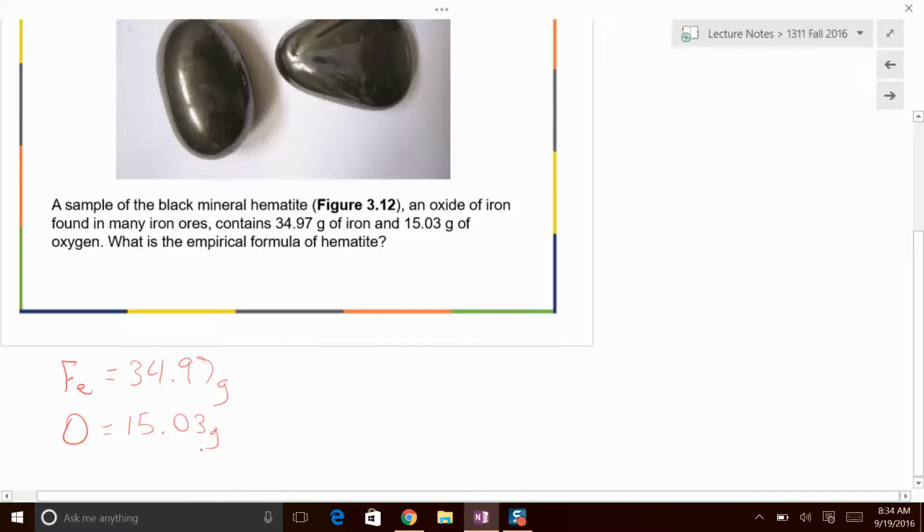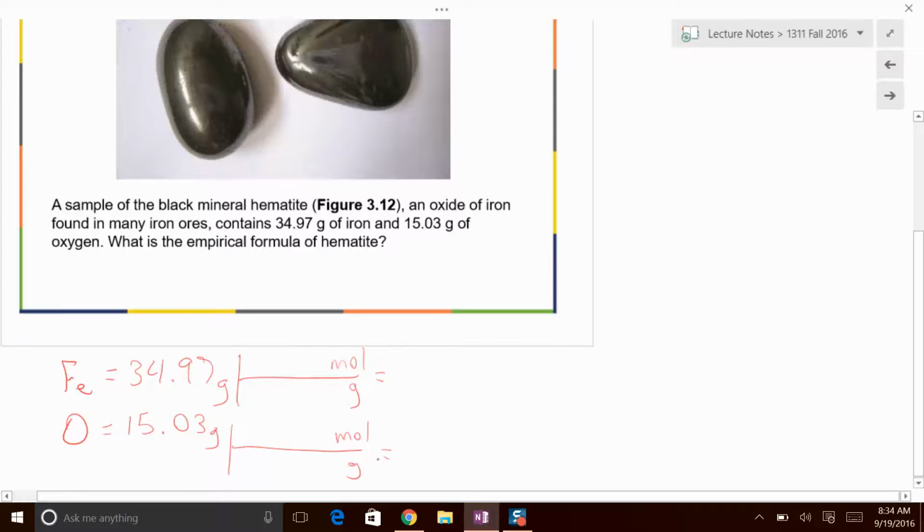So this isn't in percentages, so they kind of helped us out a little bit. They just gave it to us in grams. That means we can convert directly to the moles from here, grams to moles. So we're going to find out how many moles of iron that is and how many moles of oxygen that is. So we say grams to moles from the grams.